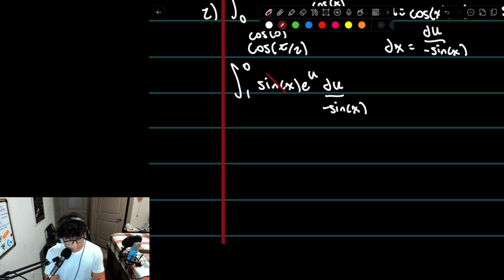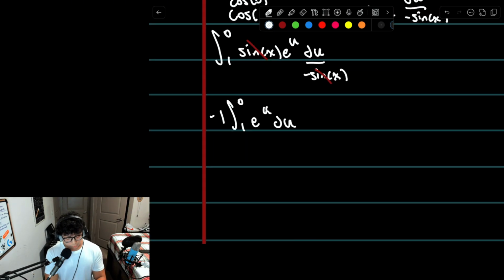You see that these cancel out except for that little negative sign, so that becomes a negative 1 outside the integral because it's a constant. And it becomes, from 1 to 0, negative 1 times the integral of e to the u du.